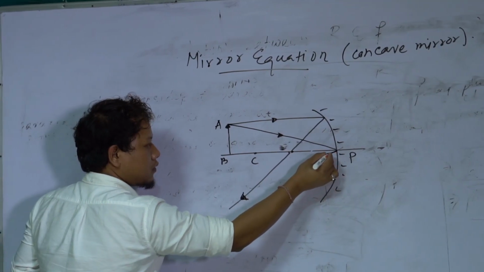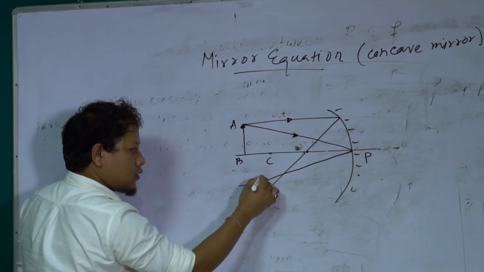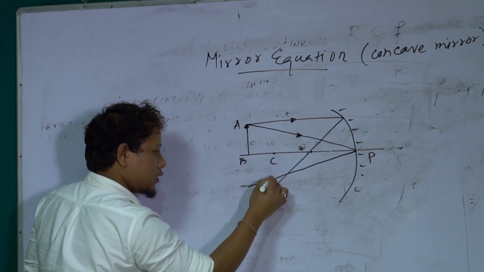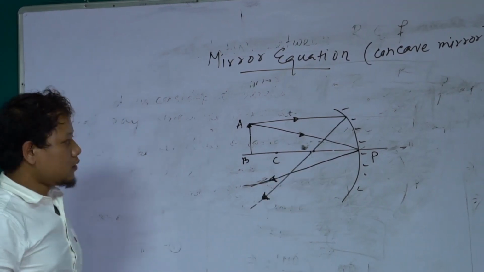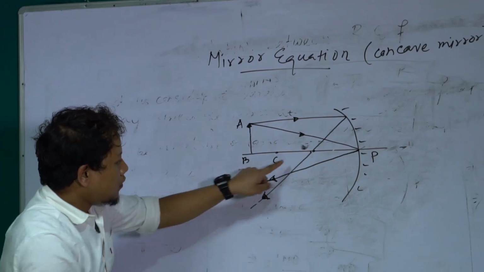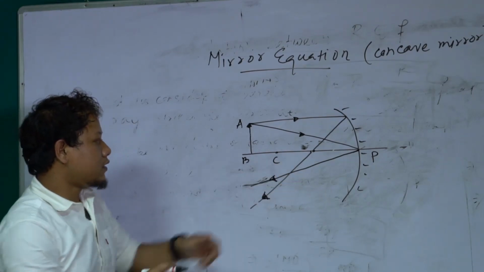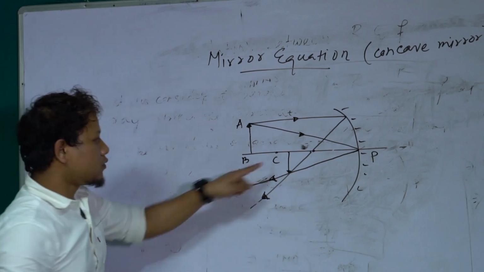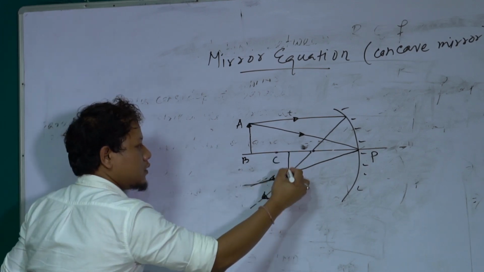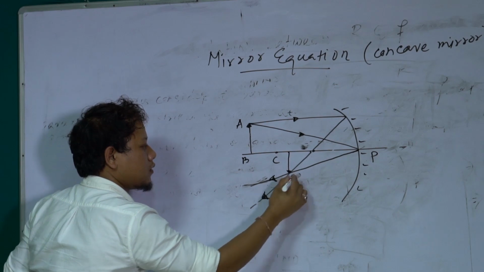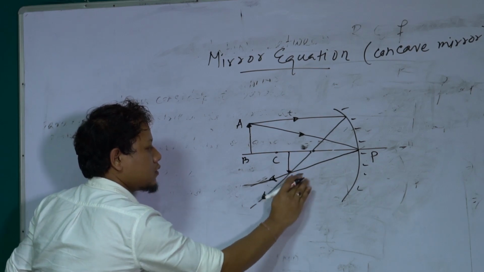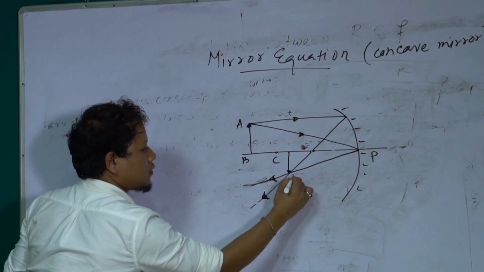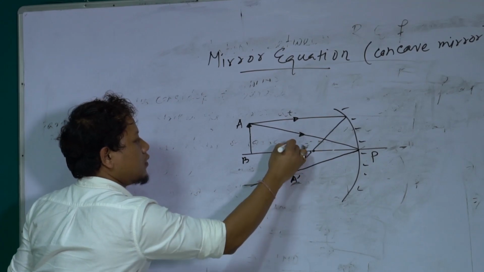After reflection, suppose it passes through this point by obeying the law of reflection. Here is the intersection point of the reflected rays, so we can consider this the image formation. This is A dash and B dash.